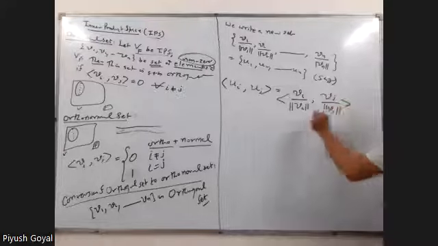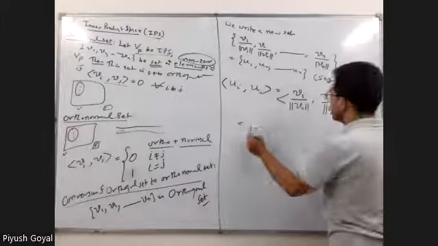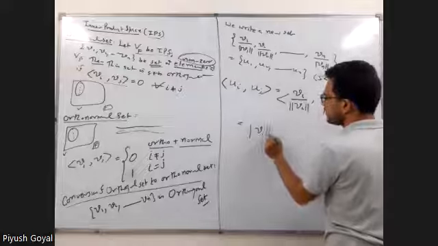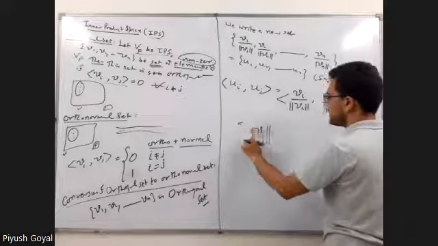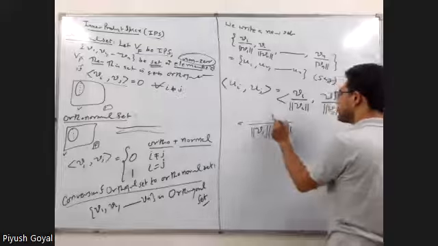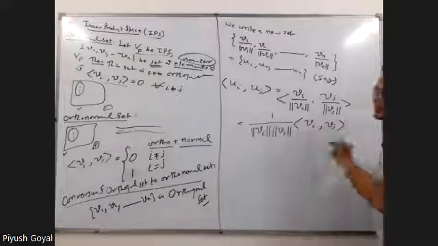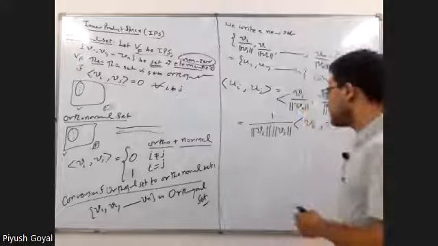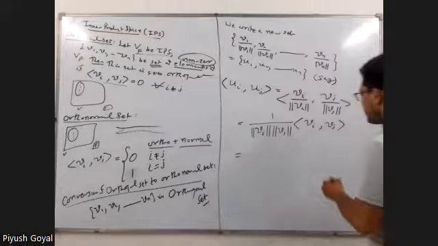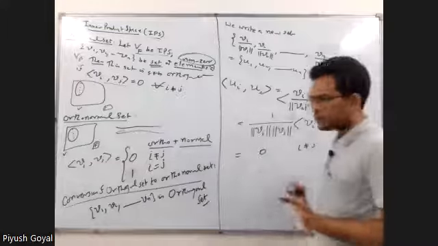In this way, the scalars will come out. It will be 1 upon vi norm and vj norm, and then vi comma vj. Now what is this? This set is orthogonal. If i is not equal to j, then this thing will surely be equal to 0.